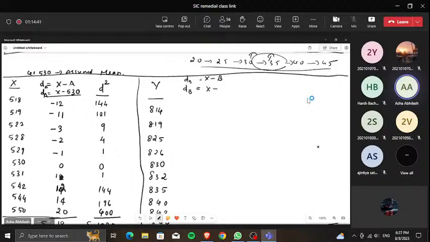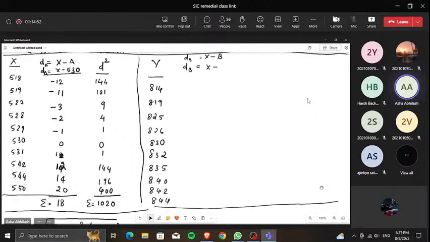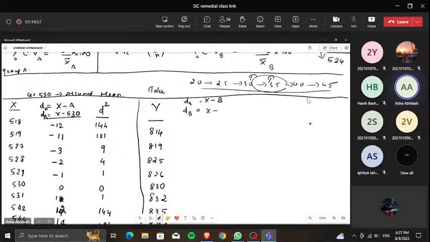Okay. So take the assumed mean for this group B as some value between the lowest and the highest value. Let it be some 830. Take 830 as assumed mean.